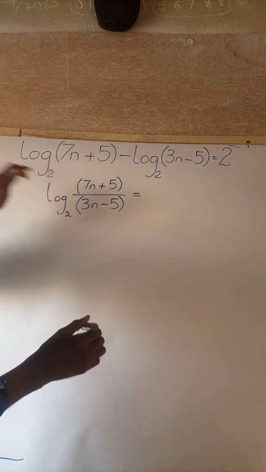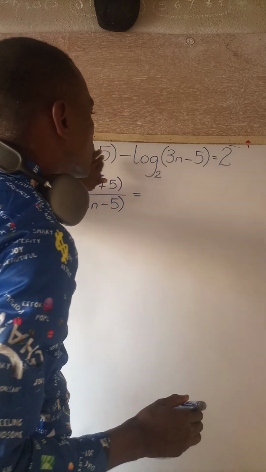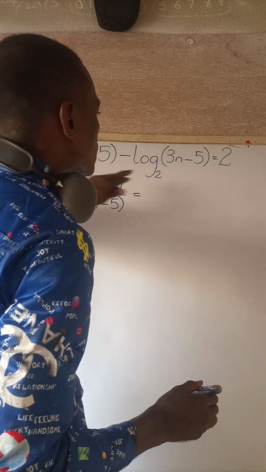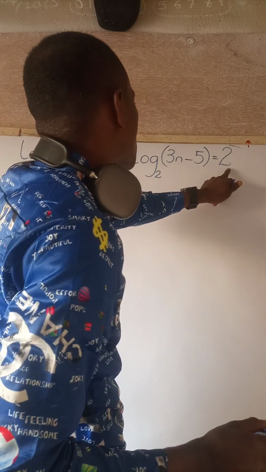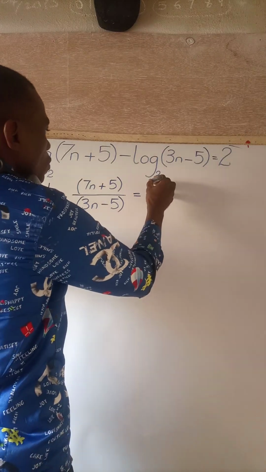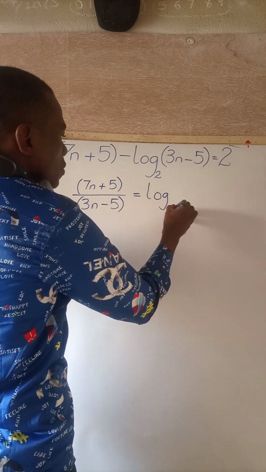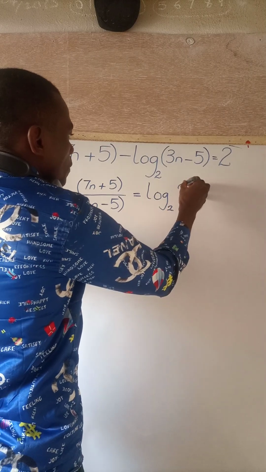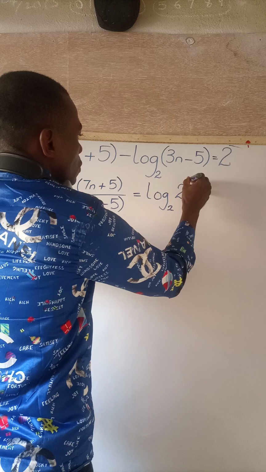Now, for us to get this right, the expression at the left hand side is in logarithmic form, so we'll make this one also be in logarithmic form. When we do, we will have log in base 2. This base now, raise it to power 2.